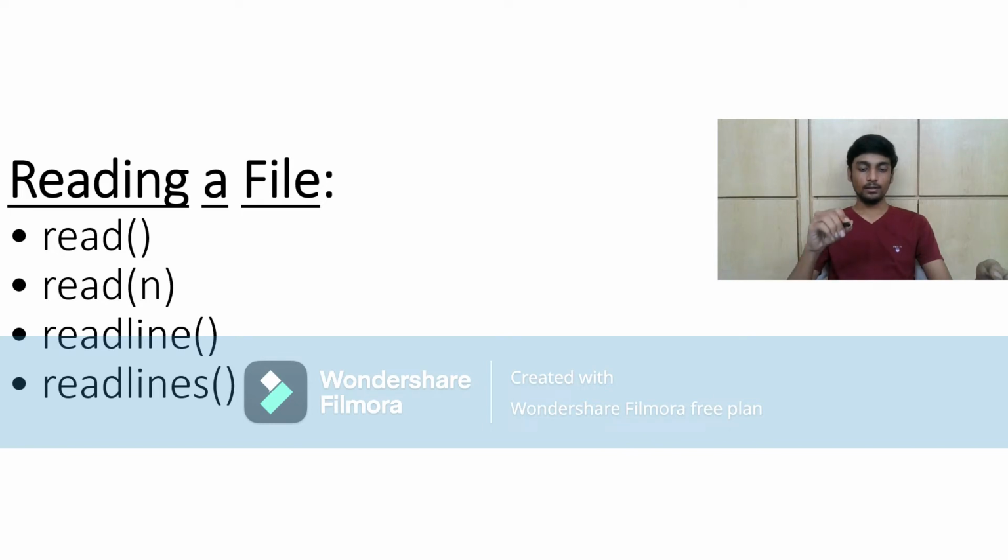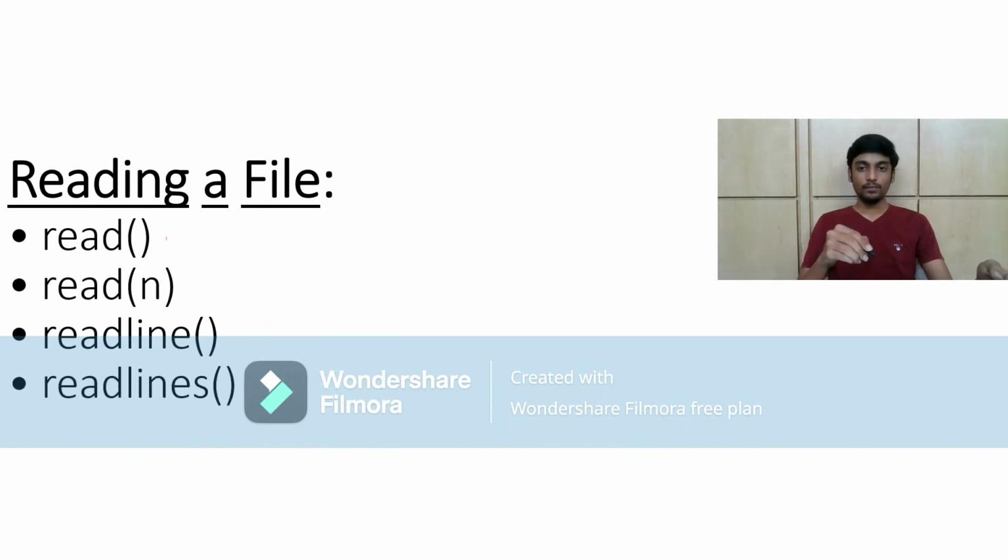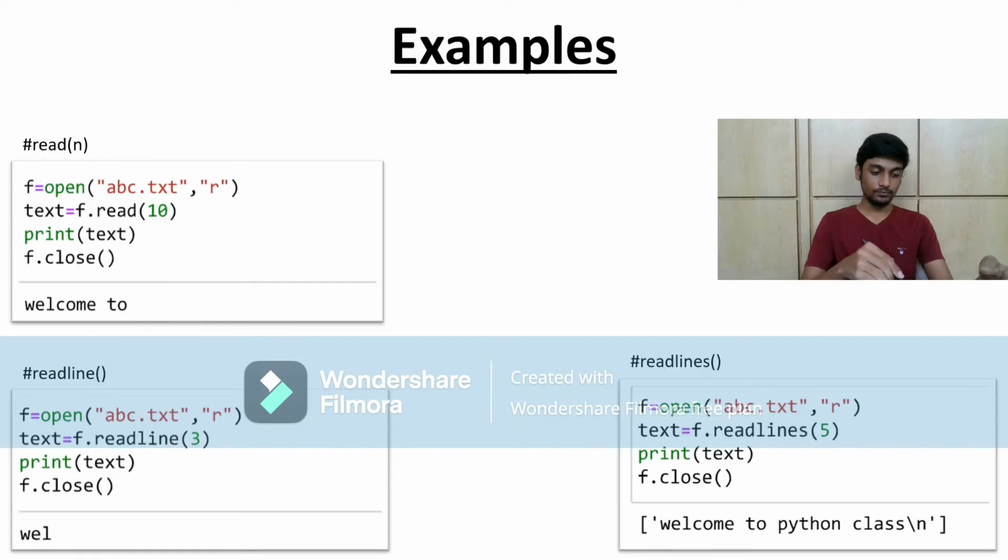Let's take an example. Let's talk about read(). It reads all the data of the file. And readline() will read the first line, or line by line data, of the file.